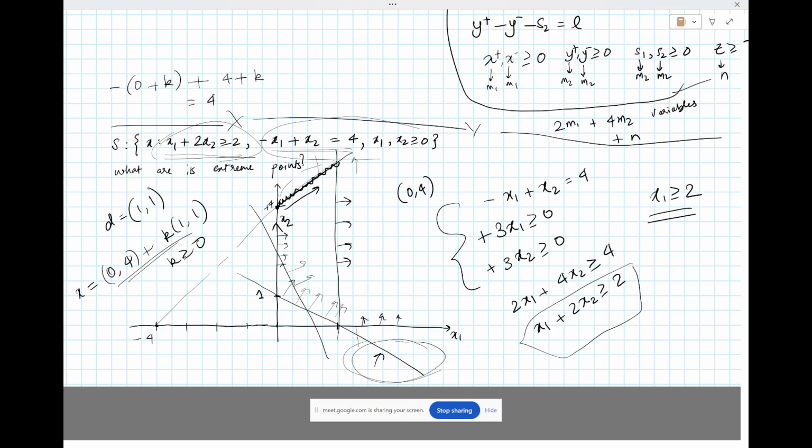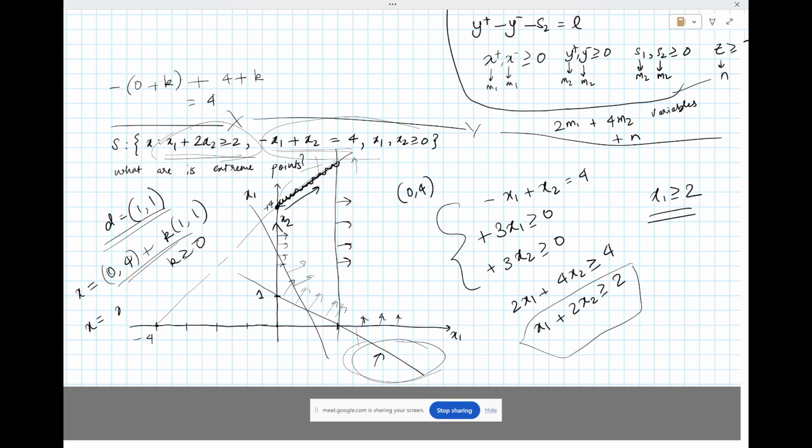Can you repeat this once, please? So if this d is my direction, my extreme ray, then any point of the form x, let's say this is x1, this is my extreme point, right?